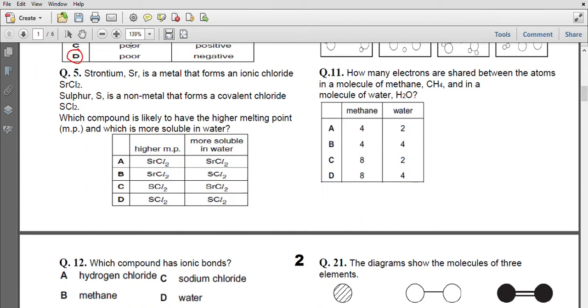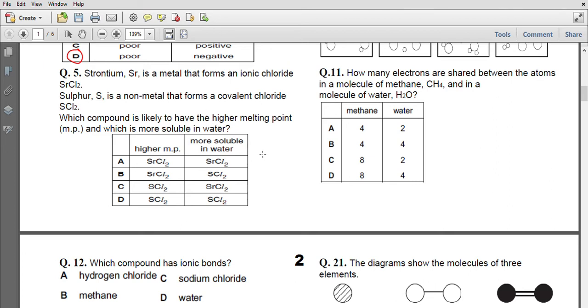Proceeding, question number 5. Here strontium is a metal that forms an ionic chloride, SrCl2. Sulfur is a nonmetal that forms a covalent chloride. So which compound is likely to have the higher melting point and which is more soluble in water?